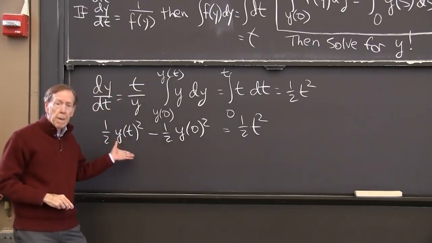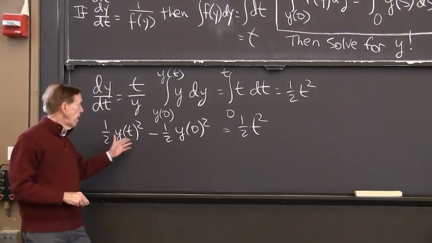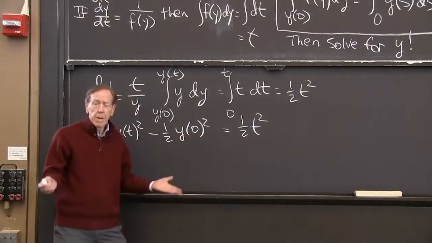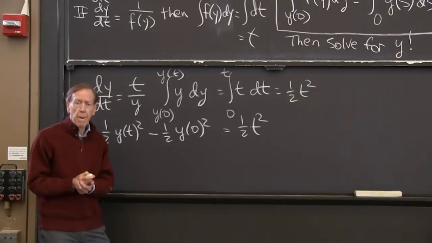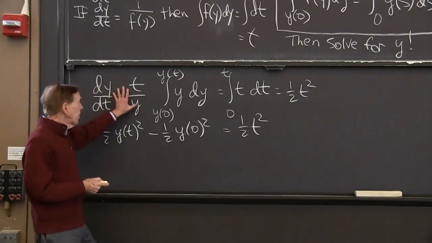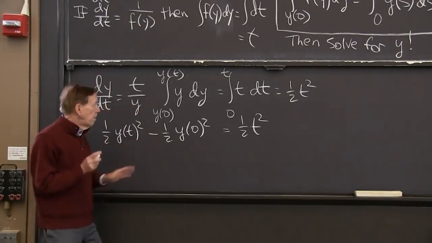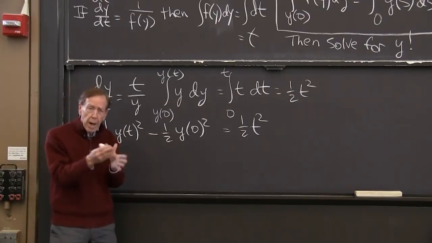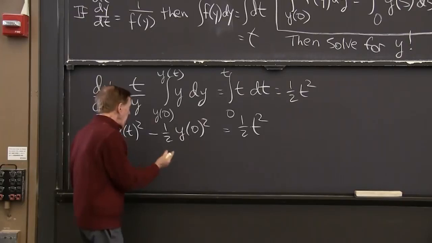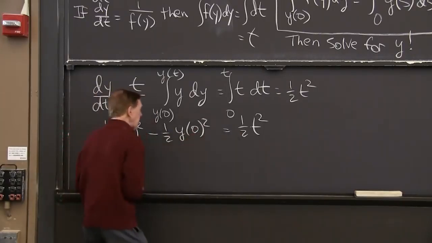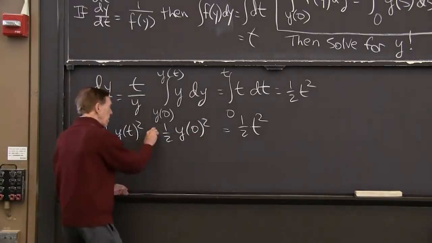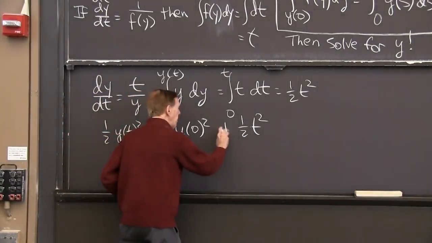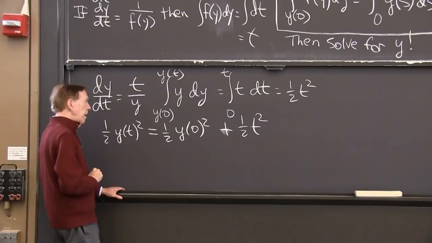So you see, we got a function of y equal to a function of t, and the equation is solved, really. That differential equation is solved. But I haven't found it in the form y of t equals something. But I can do that. I just move this to the other side. So that'll go to the other side with a plus, right?